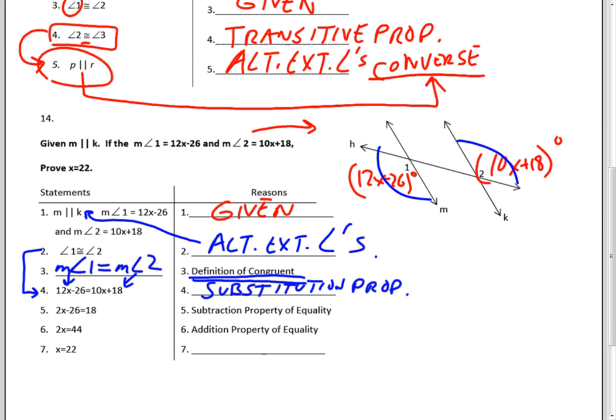In order to get from line 4 to line 5, I've got to subtract 10x, subtract 10x. And that's what's written over here. Then to get to the next line, I've got to add 26, add 26. That's what I wrote. How do I get from 6 to 7? What operation is occurring? Division. Divided by 2, divided by 2. Division, property of equality.